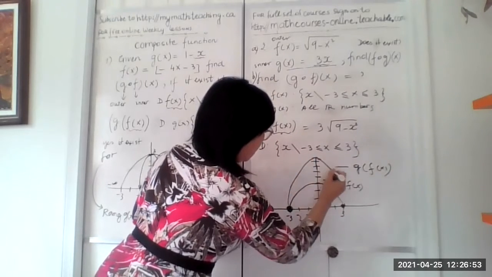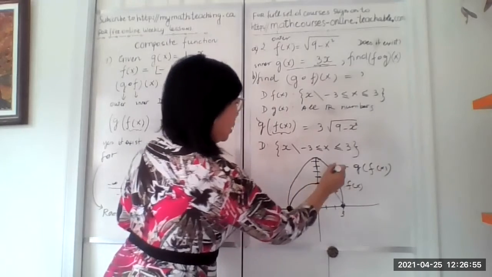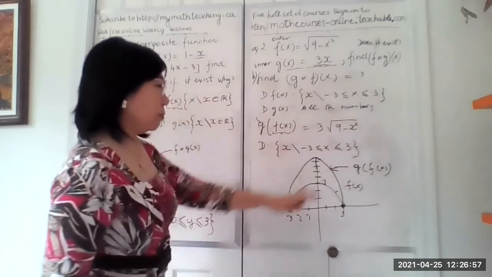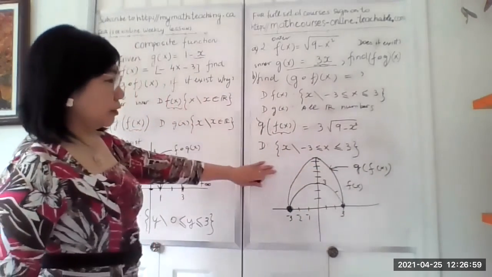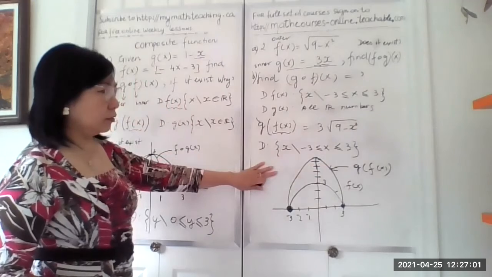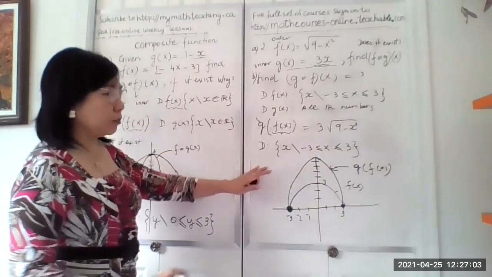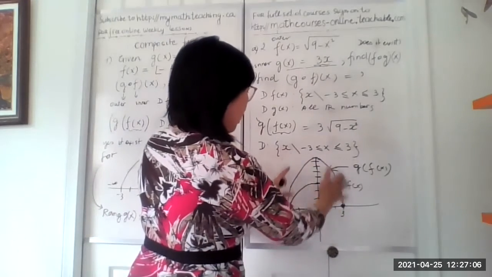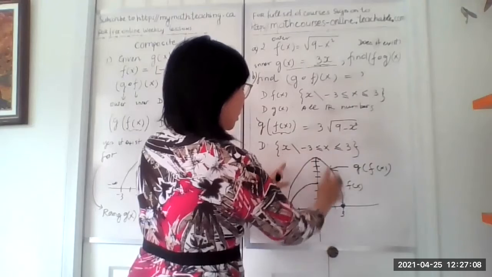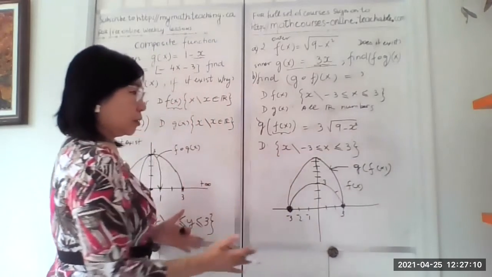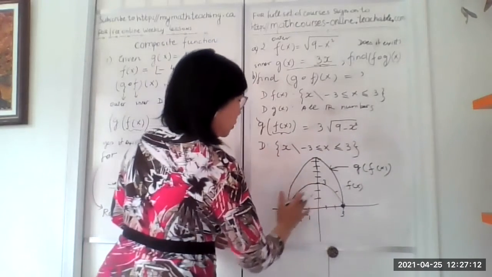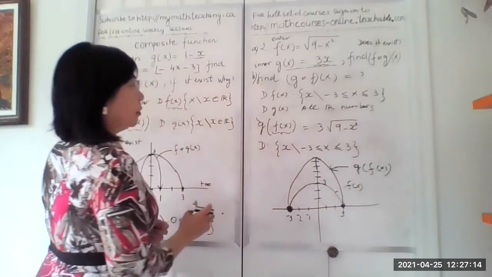Okay, so that's how it looks for our new function g of f of x. This time the g of f of x function looks bigger than the function f of x.